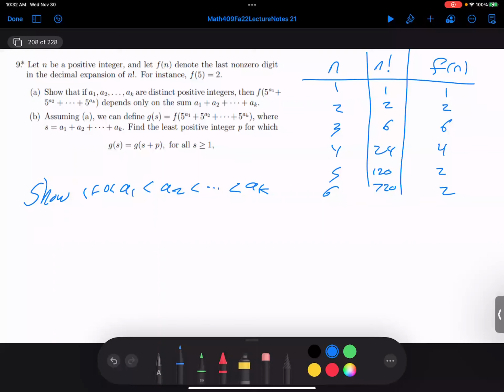We might as well assume that we're writing them in increasing order because of symmetry. So f of 5 to the a1 plus ... plus 5 to the ak depends only on a1 plus ... plus ak.